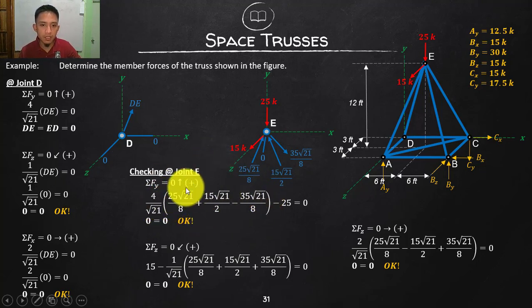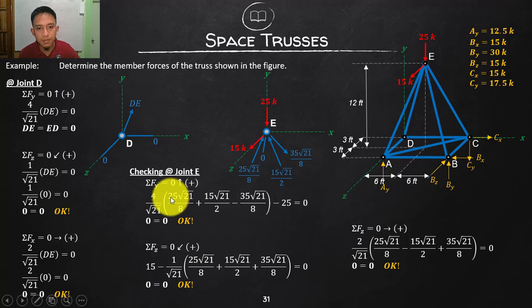And calculate this one. Look at this. You do not actually need your calculator here. Look at this: the square root of 21 and the 3 square root of 21 are similar, so we can factor that out. It will cancel with this. Then now you can add this 25 over 8, 15 over 2, and then subtract the 35 over 8. For us to make this 8, multiply this by 4 over 4, and this will become 60.